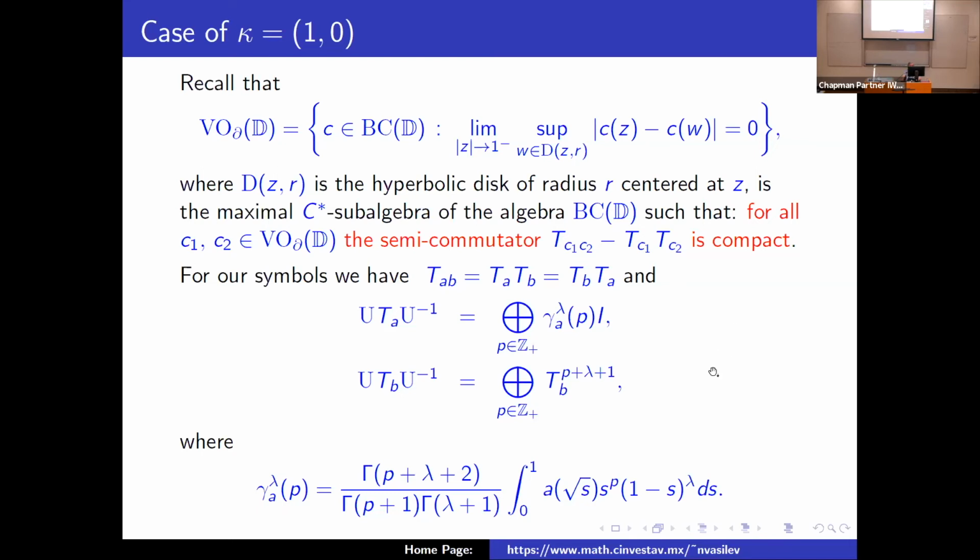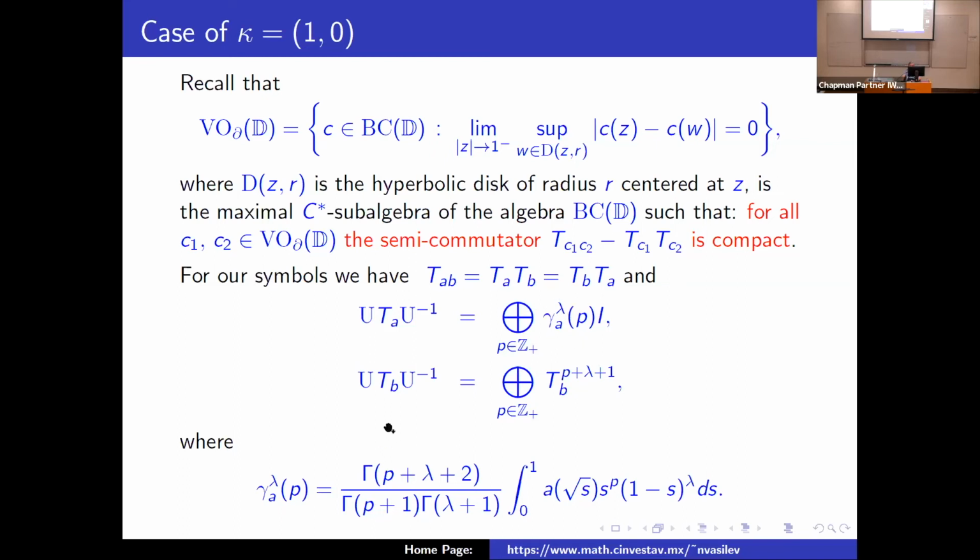Okay, for this symbol, one can easily verify that the Toeplitz operator with product AB is a product of TA, TB, or TB, TA; they commute. And after this unitary equivalence, in this direct sum of weighted Bergman spaces, the Toeplitz operator with symbol A is just a scalar operator in each weighted Bergman space with its corresponding spectral value.